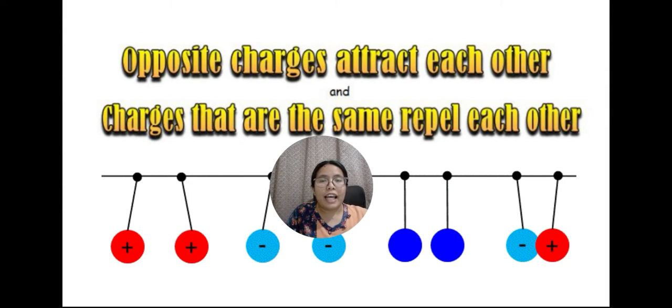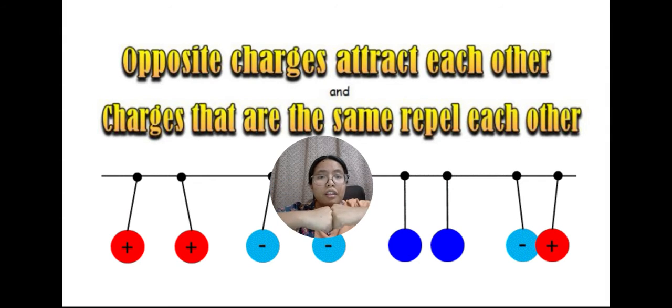Okay, so isa-isay natin. Opposite charges. Ibig sabihin, magkaibang charge. So, ibig sabihin, positive at saka negative, magkaiba yon. So, yung magkaibang charge, na-attract sila sa isa't isa. Ibig sabihin, nalalapit sila. So, lumalapit sila sa isa't isa kapag magkaiba sila ng charge. Pero, kapag pareho ng charge, kunyari, positive at saka positive, ayaw nila sa isa't isa, lumalayo sila, repel.